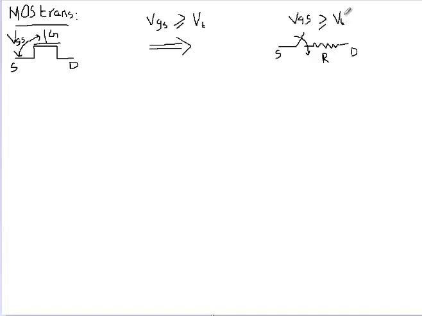Or a very safe thing would be to put a mod over here, because there are different variants of a MOSFET. It could be an NMOS, it could be a PMOS. So this mod says that we are talking about a MOS transistor and not specifically about NMOS or PMOS. All right, this is clear.